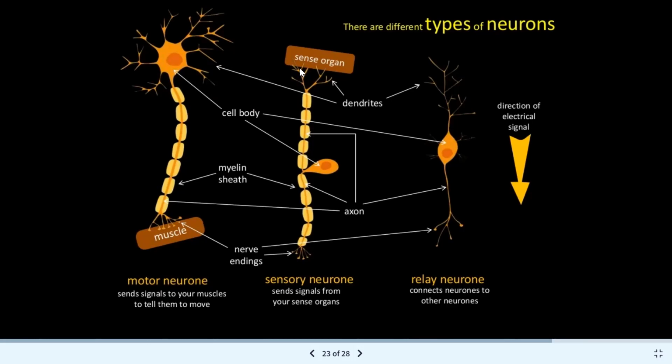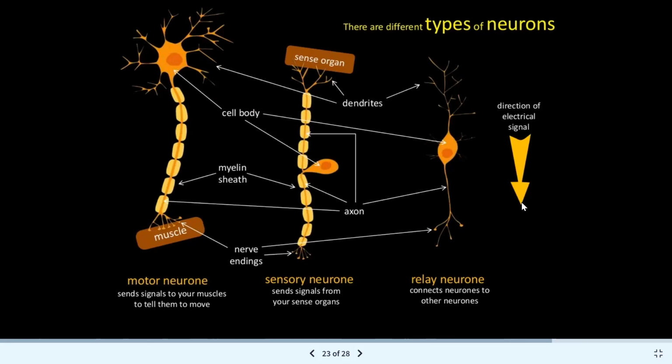In the sense organs, no cell bodies are present. The cell body is present in between the structure, and you can see the dendrites, the cell body, and the nerve endings. Relay neurons connect neurons to other neurons. The direction of electrical signals is like that.